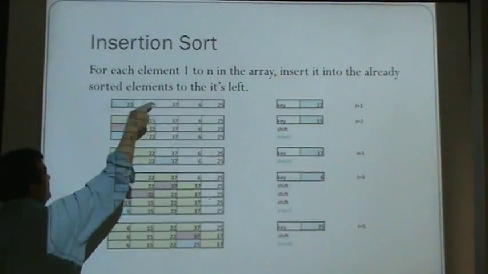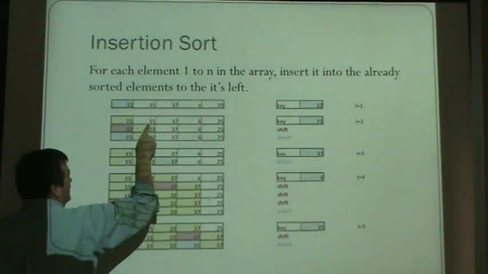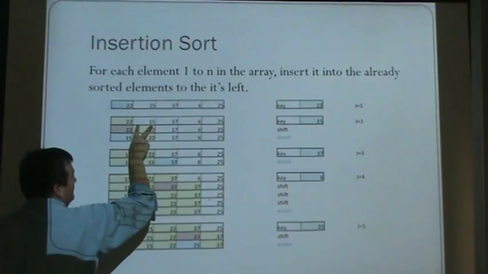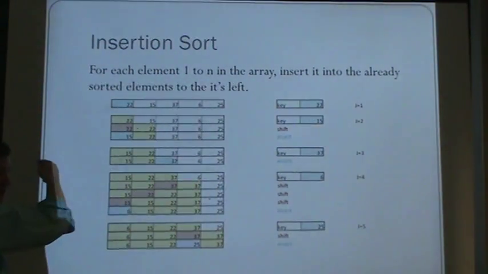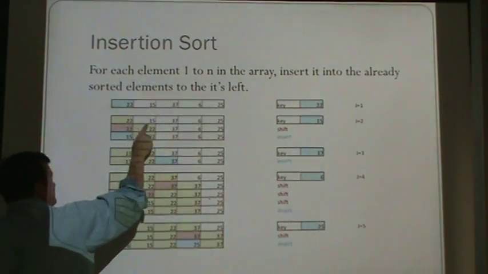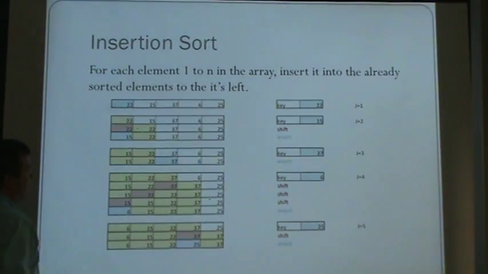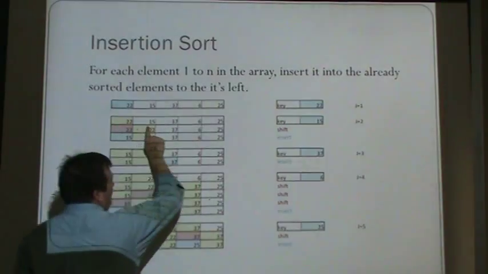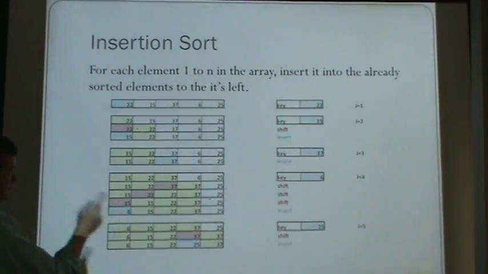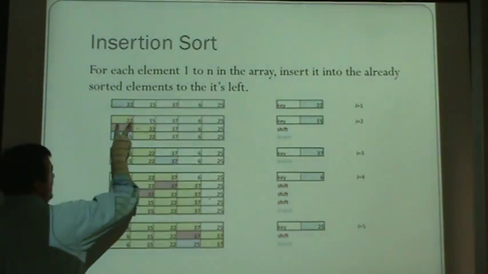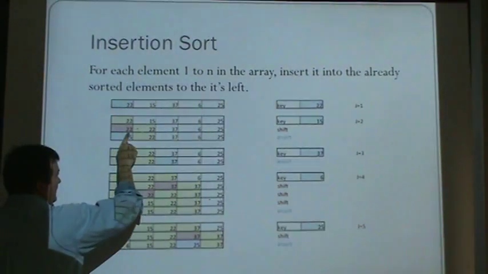Okay, we go to the next step of our loop, and we go to the second field, 15. 15 can assume that everything to the left of it has been sorted, and now all we want to do is put 15 into its correct spot. So we write 15 into our key space and hold it for a second, because that's the value we're going to put in its correct spot. Then we ask ourselves, is 15 less than 22?